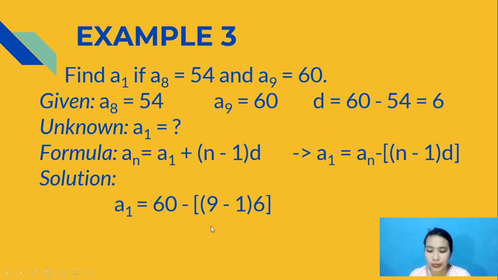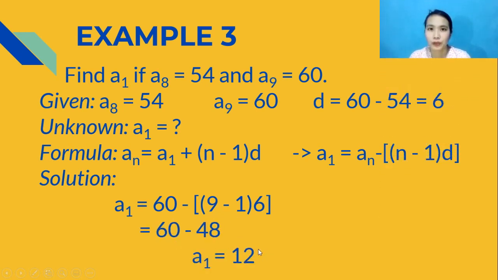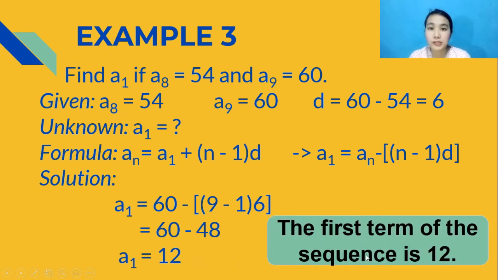To solve this one, we need to simplify first 9 minus 1 times 6 using PEMDAS. So 9 minus 1 is equal to 8 times 6 is equal to 48. So we have 60 minus 48 is equal to 12. Therefore, the first term of the given sequence is 12.